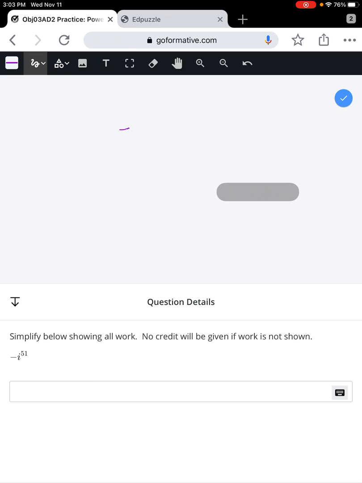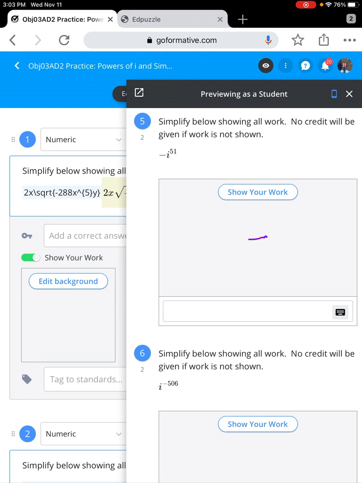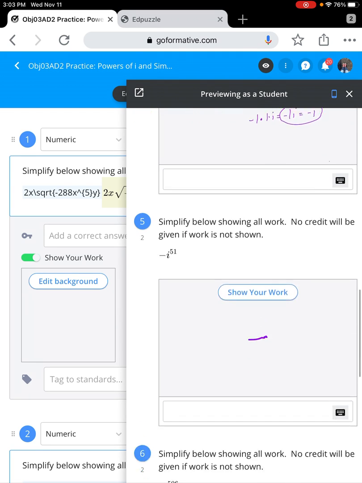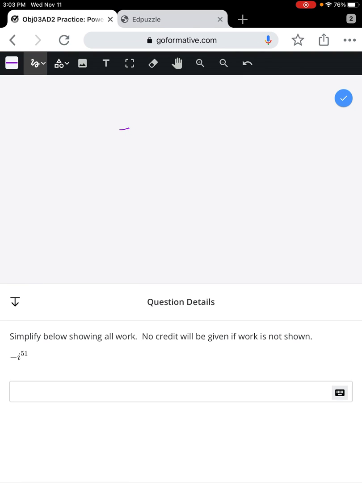And I know that these are kind of tough. So now we have -i to the 51st power. That's -1 times i to the 51st power. I know I'm going to have a -1.